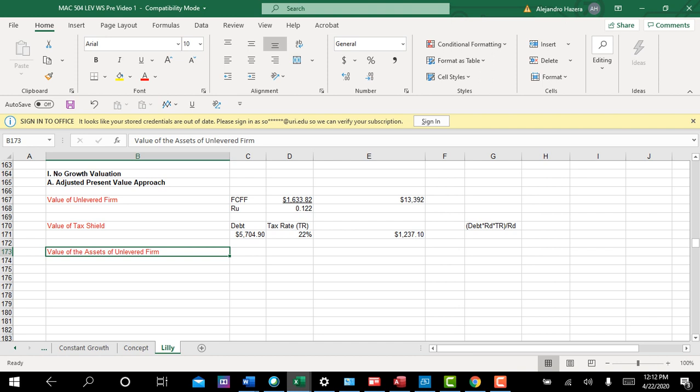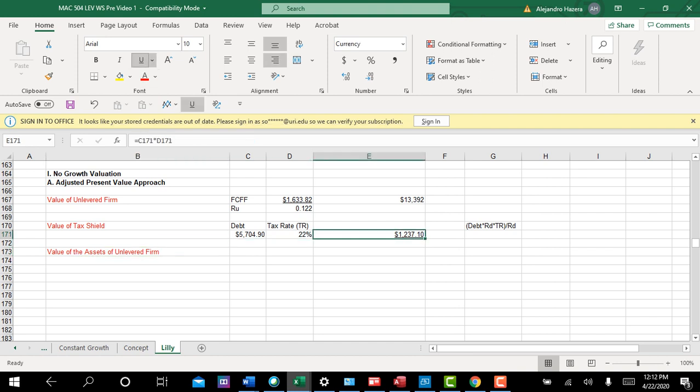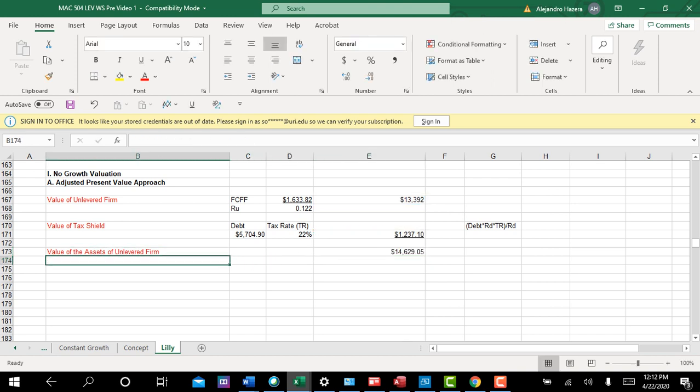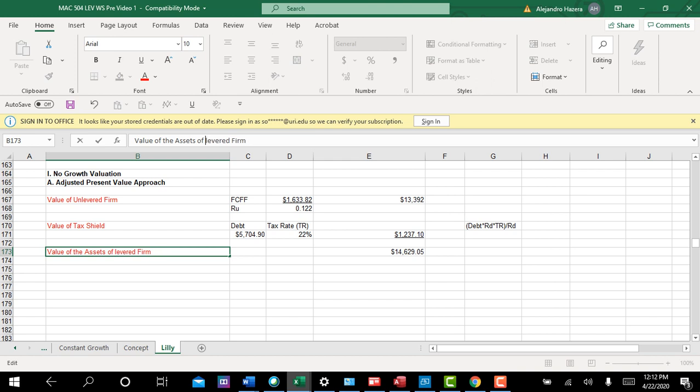We'll put a little line here and mark that as a subtotal. We're going to add the value of the unlevered firm plus the value of the tax shield, and that gives you the value of a levered firm.